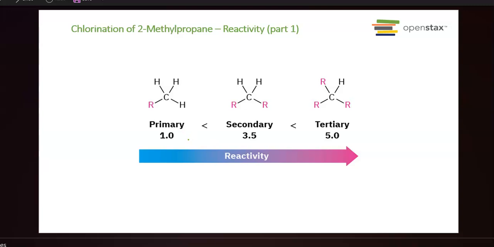The primary radical that is formed is less stable than a secondary radical, which is less stable than a tertiary radical. So the radical stability decides the percentage of the product that is formed.